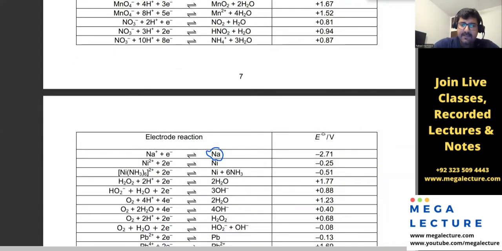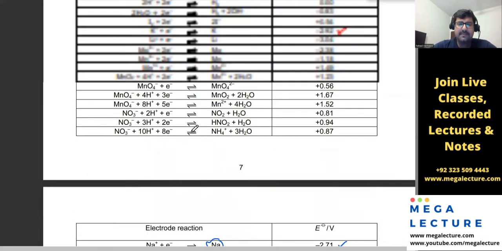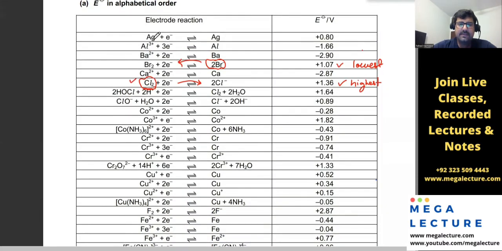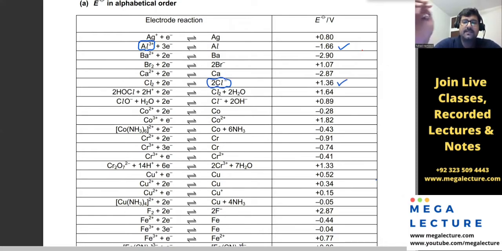So there's Na at minus 2.71 volts, and I've got aluminium, which is 3 plus. Remember, I had 3 plus, so that's Al3 plus at minus 1.66. Cl minus 1 was also there. So I'm going to mark an equation for Cl minus 1 as well, which is this one, 1.36.